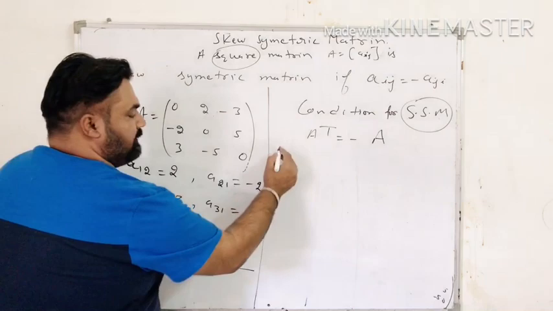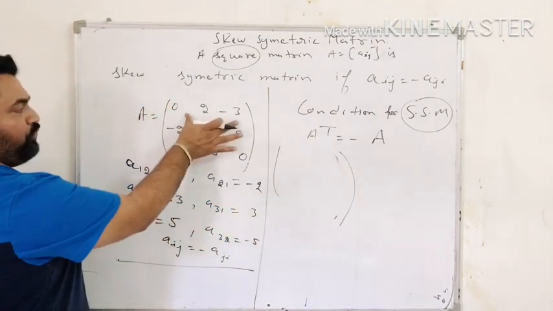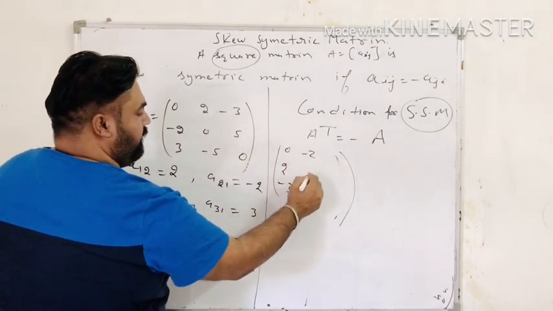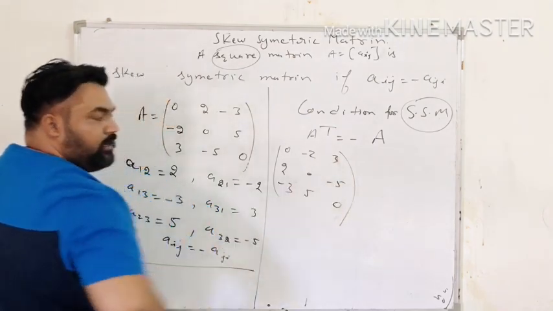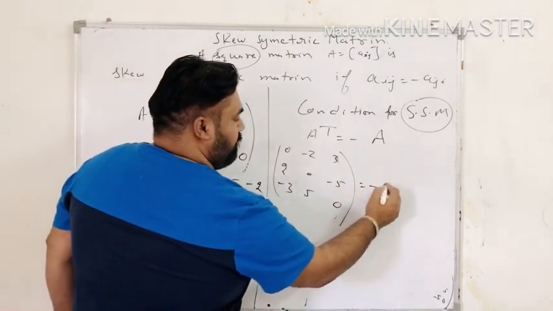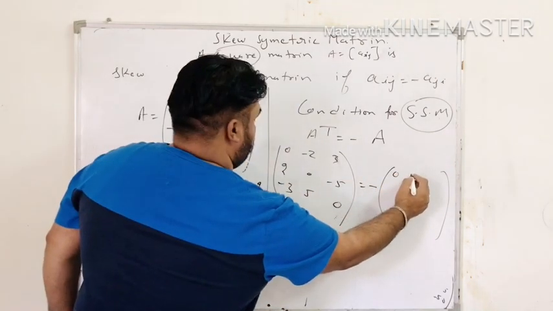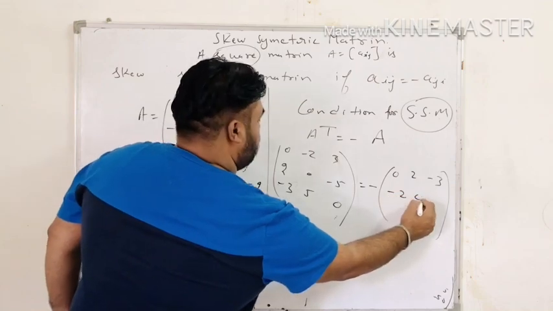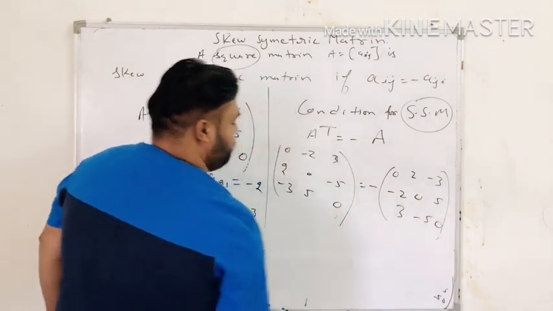Now what is A transpose? Transpose is, we know, the changing of rows into columns. Again, the second row becomes second column, third row becomes third column. It equals minus A. A is [0, 2, -3; -2, 0, 5; 3, -5, 0].